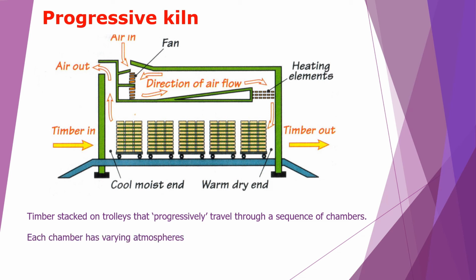Each chamber has a varying atmosphere, so the timber has to face the different atmospheric settings in different chambers. That's why this method is preferred, and it's more advanced and it's more expensive. Advantages include you have a continuous supply of timber which has been seasoned in a proper way.